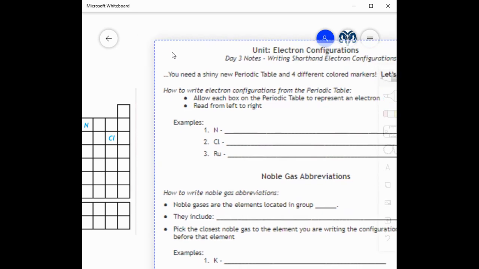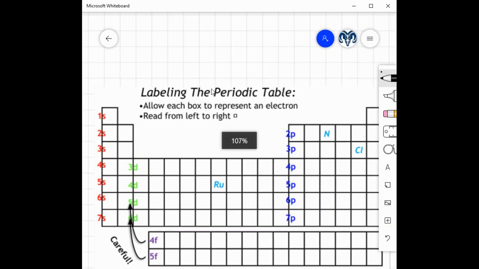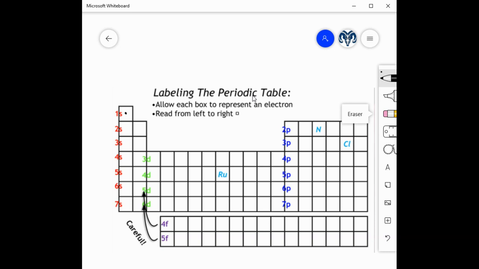So what they're saying is each box is an electron. I'm going to put an electron here, and an electron over here.